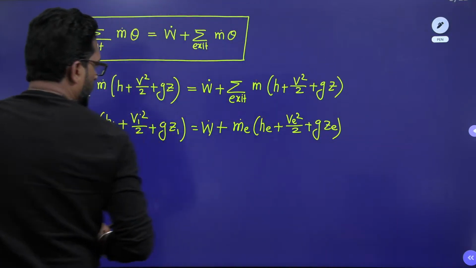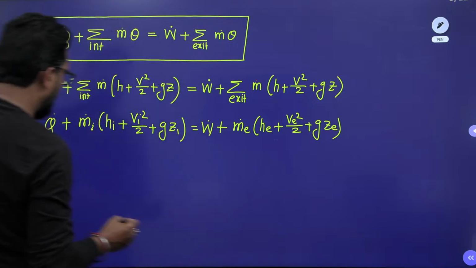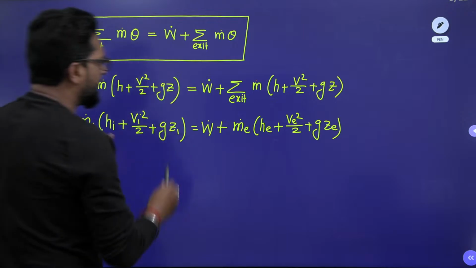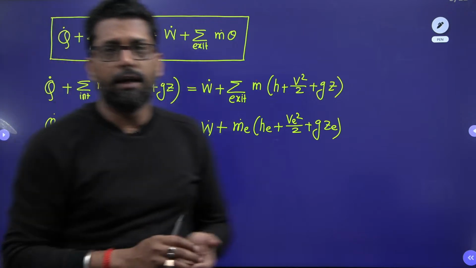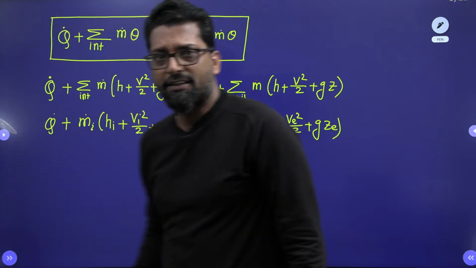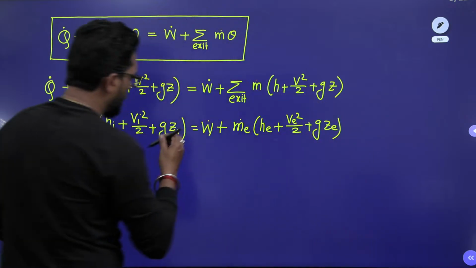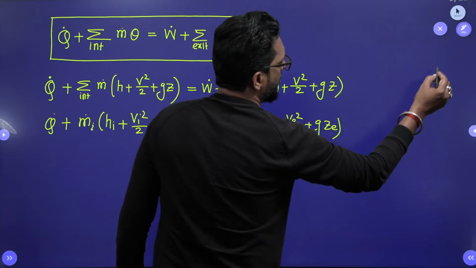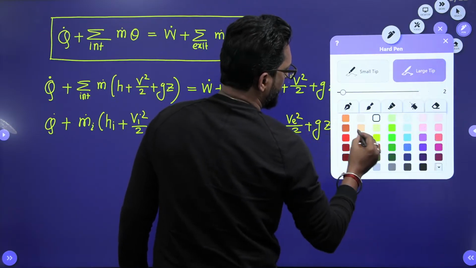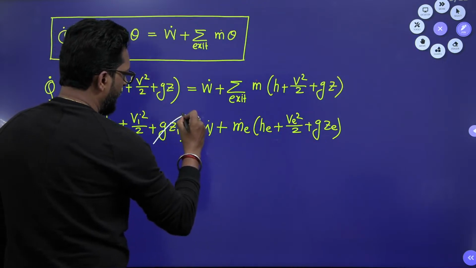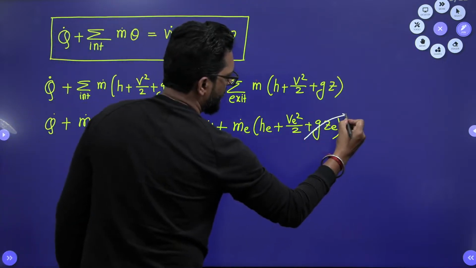Okay, so in general, for a single inlet and exit, in the steady flow condition, in 99% of cases we have to neglect the change in potential energy.